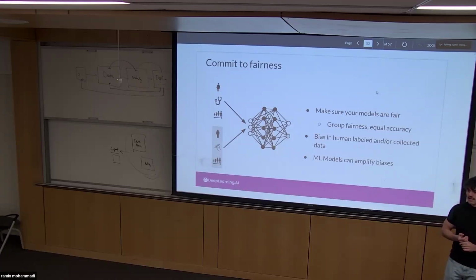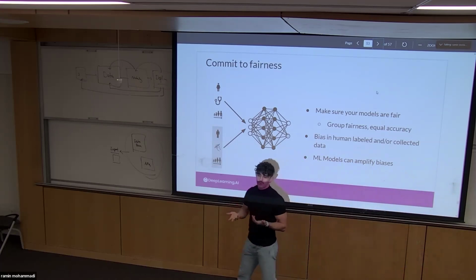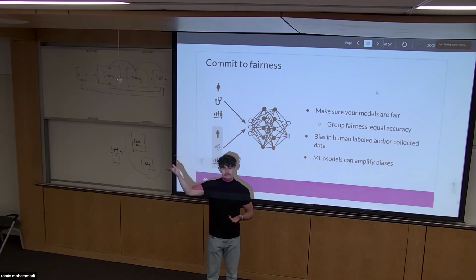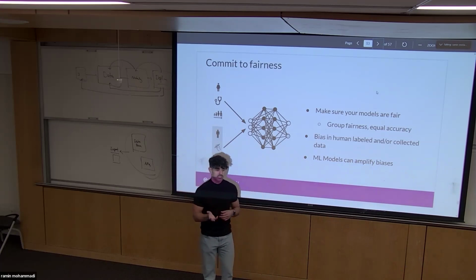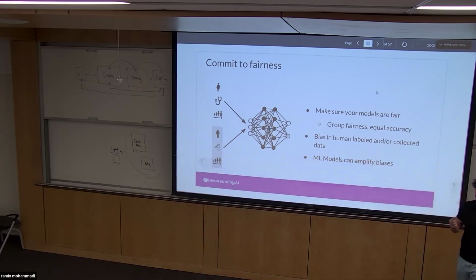If one is higher than the other, that's not group fairness. If your model always gives a higher prediction for one group, that's not group fairness. You can also go to individual fairness, with different ways to slice the data. We're going to just talk about it quickly.